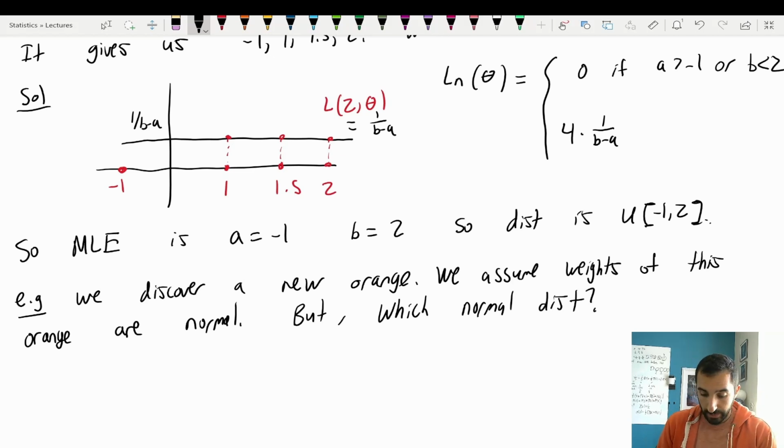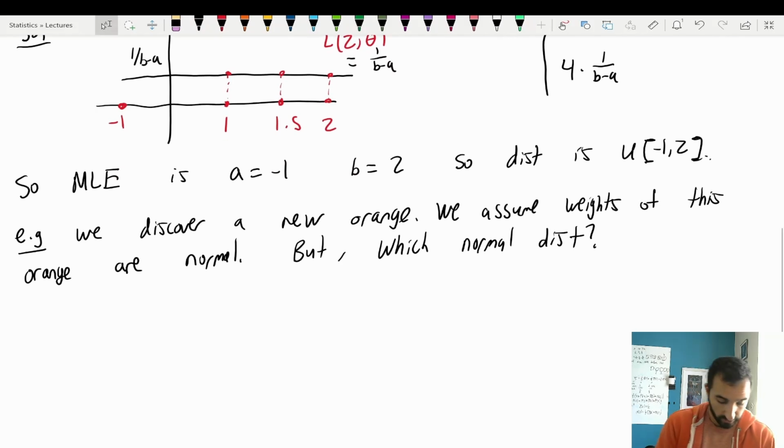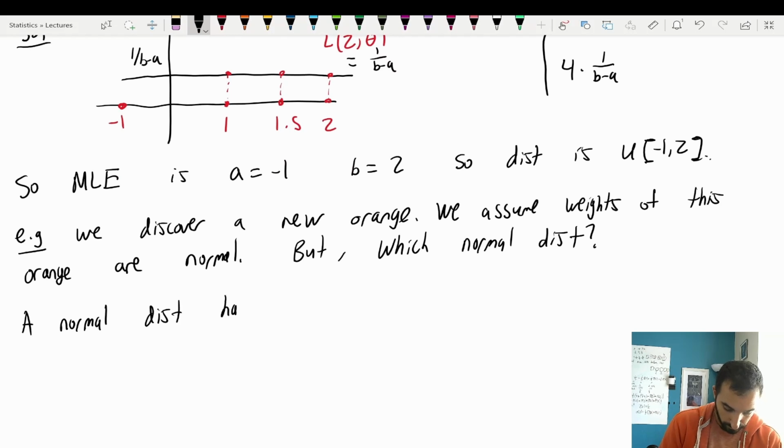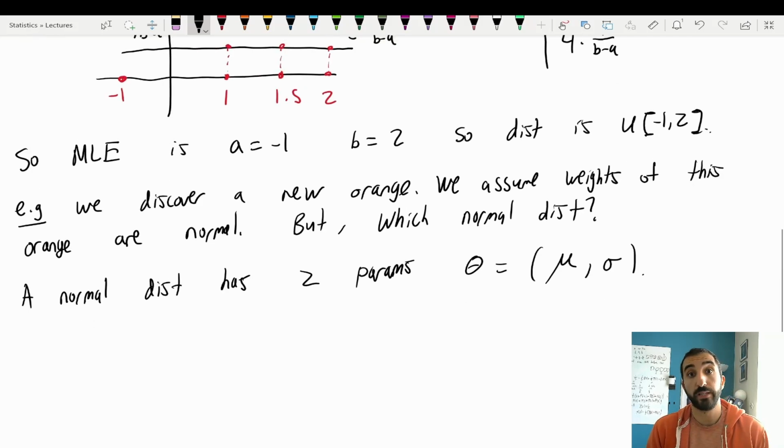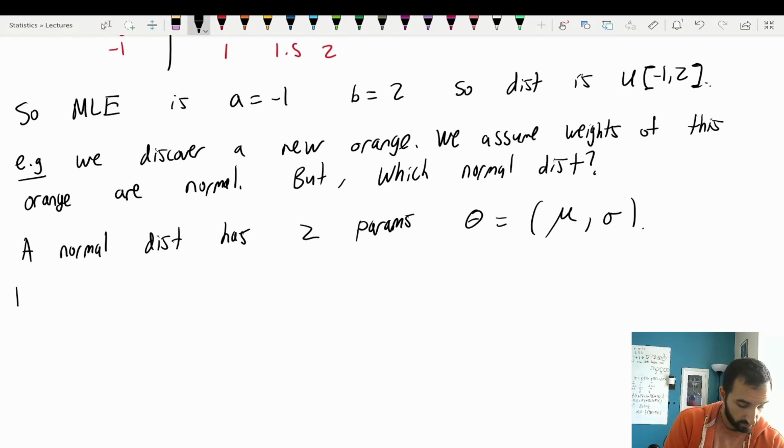Well, a normal distribution has two parameters. They are mu, the mean, and sigma, the standard deviation. So here's a fact, and if you're interested in the proof of this fact, I'll do it at the end of the video. But it's just, I think, a very nice fact.